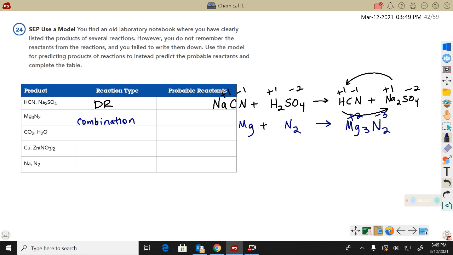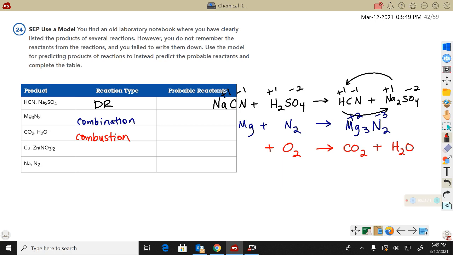Something like the third one. Ooh, what if my products are just carbon dioxide and water? Oh, I think I got this one. I bet it's a combustion. Which in that case, the reactants would have for sure been oxygen and something containing carbon.